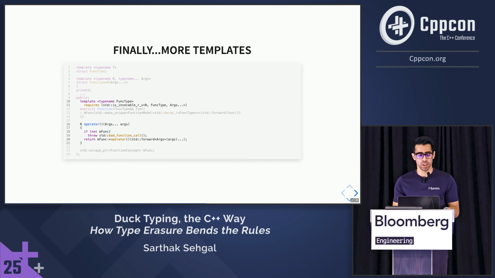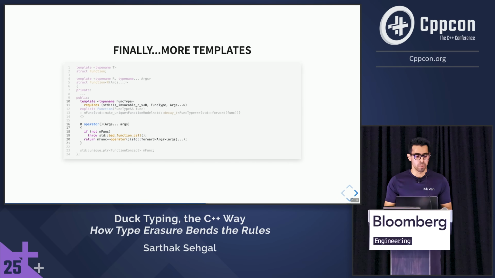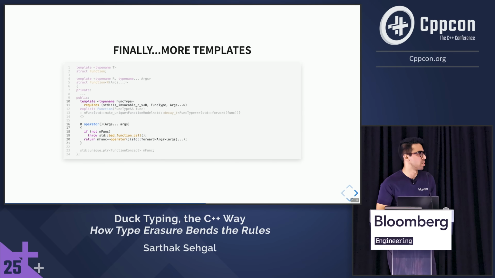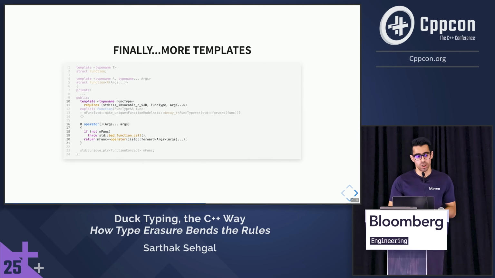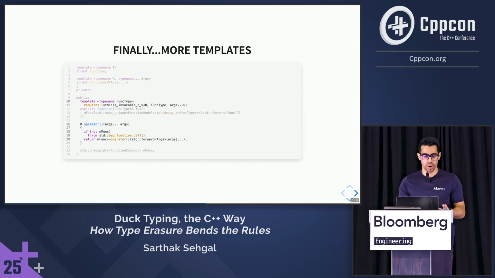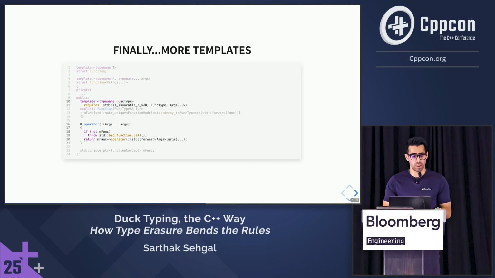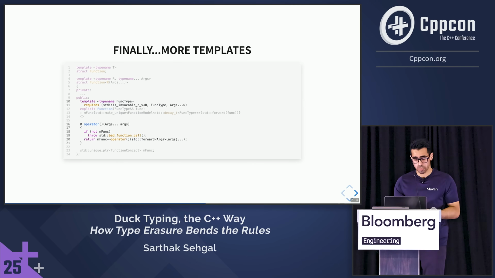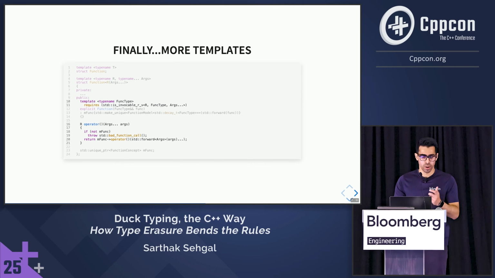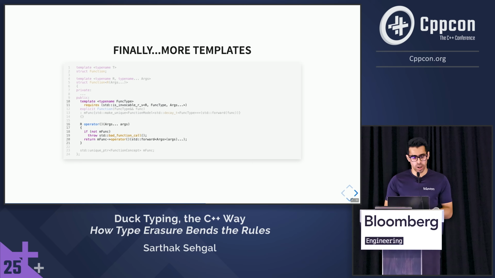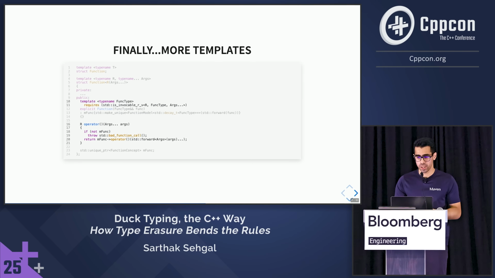It takes the set of arguments Args. If the function is not present, like that, it's a null pointer, it's going to throw an exception, and if it's present, it's going to invoke it using the arguments and return the type R. Everything else, like the model concept, remains the same. It's just more templates to make it closer to what a std function would look like.